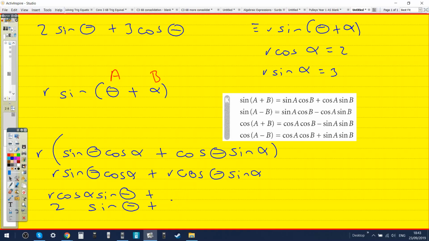Yeah, so let's just write it as, we'll keep it as 3 cos theta, and we'll swap the other one. So r sine alpha cos theta. So I just put the cos theta, and so just by comparison, what do you notice there? We see that r cos alpha is 2, and r sine alpha is 3.